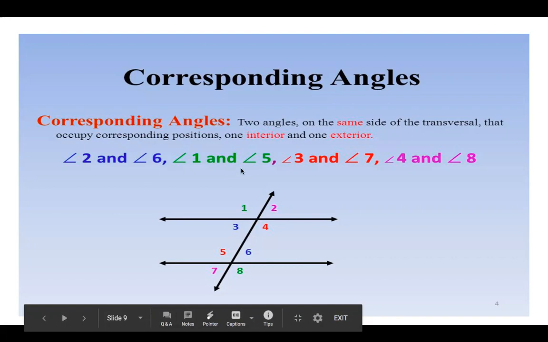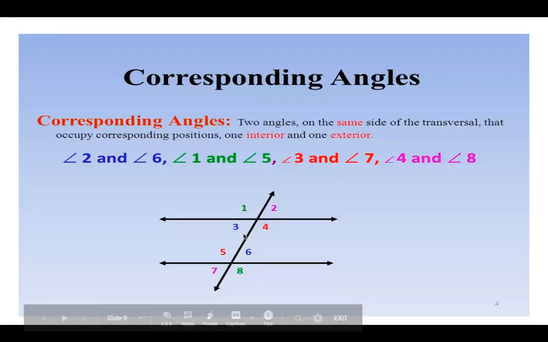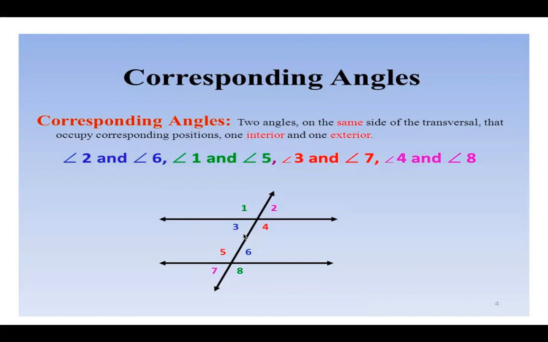Not only those, look at 1 and 5. This is the transversal, this is the line, this is 1. The corresponding position for 1 is on the same side, this one. All right? Those two are congruent. Also, these two are in corresponding positions but not on the same side, but we will come to that and see what those angles are.